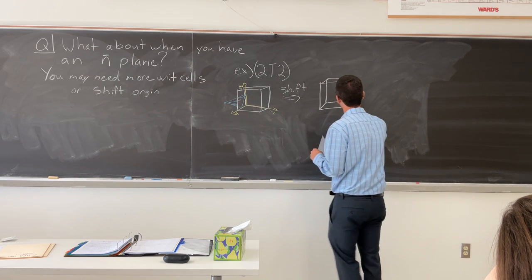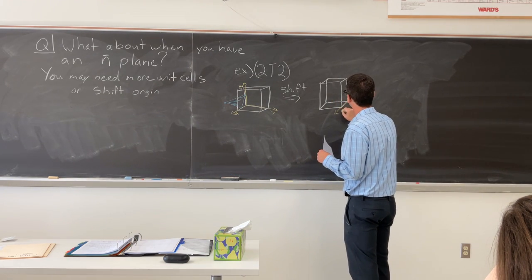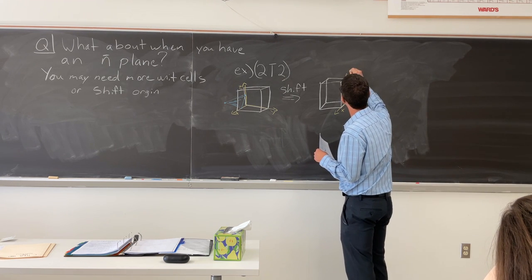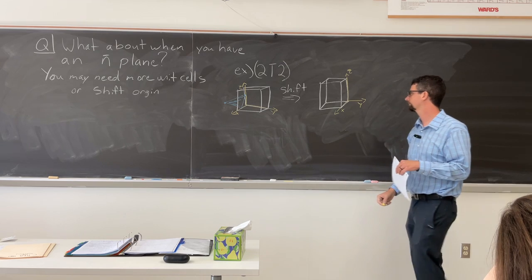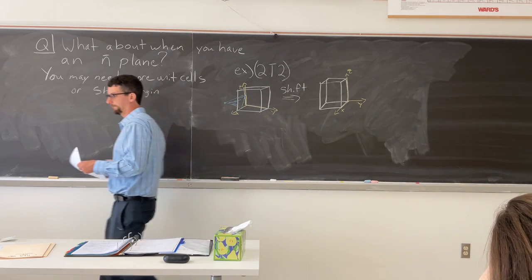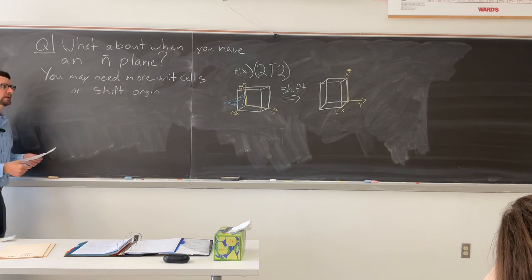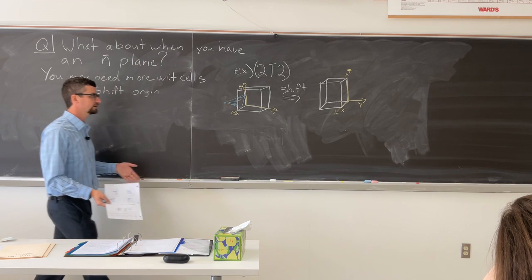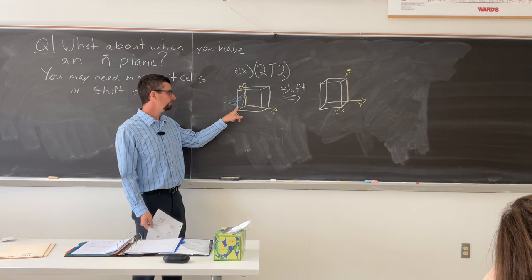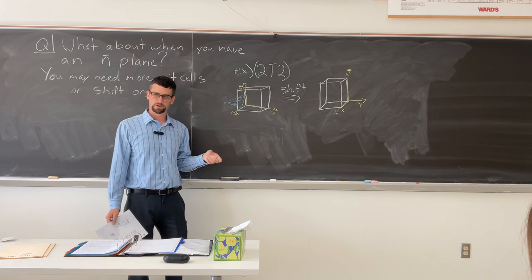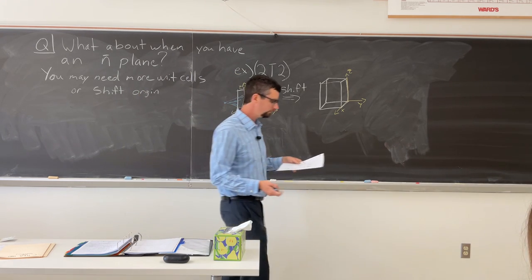I'm going to move it to this point. You don't always have to label your X, Y, and Z. Some people would elect to continue this plane out. To me, that seems more confusing.